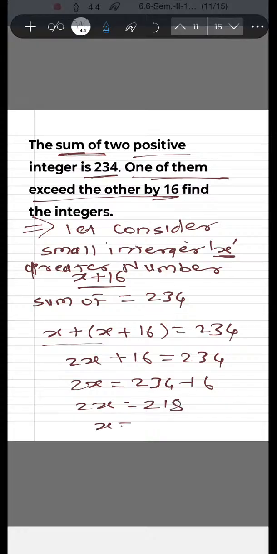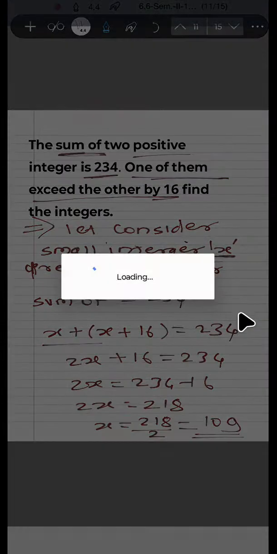So x is equal to 218 divided by 2, which is equal to 109. So x is equal to 109. That is the smaller number. Now what did they say? We have to find the two values, the smaller one and the greater one.